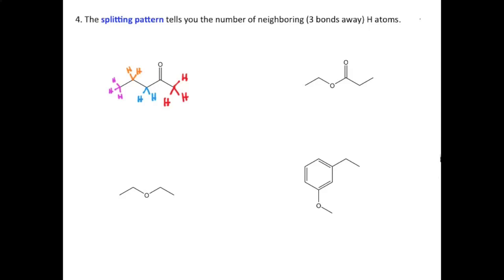And the rule is such. It's the number of neighbors plus 1 equals the number of peaks. N plus 1 equals the number of peaks, where N is really the number of neighbors.